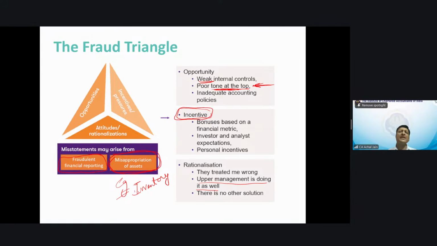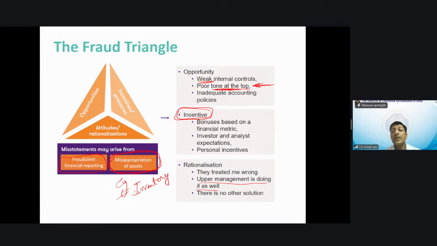Put very simply, financial reporting is not appropriate, meaning it's not done the way it's required to be done. Say, for example, the company wanted to inflate the profits. What can they do? They can overstate revenue. They can understate some expenses.